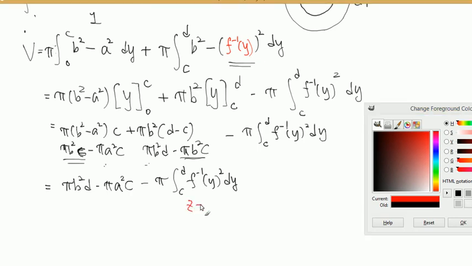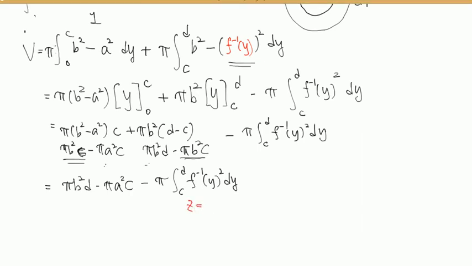Z equals something. What choice do we have, you think? F inverse of y or f inverse of y squared. I think the first you will definitely try is f inverse of y. But if that doesn't work, maybe you're going to try f inverse y squared. But let's try f inverse of y. Alright?